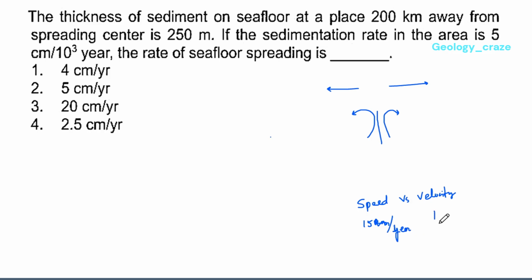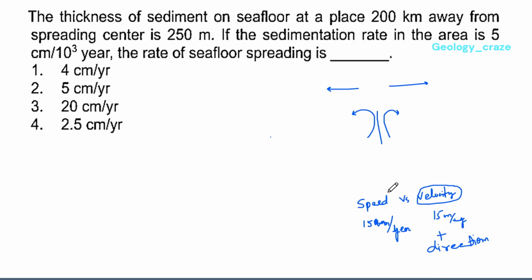So here also it is 15 meter per year, but the main difference is that with speed we get only the magnitude, while in velocity we also get the direction in which this is occurring. That's why we use velocity in seafloor spreading.